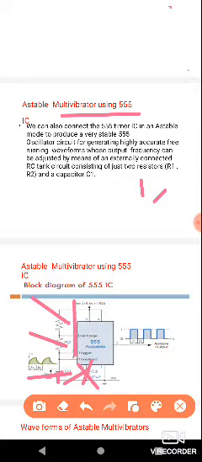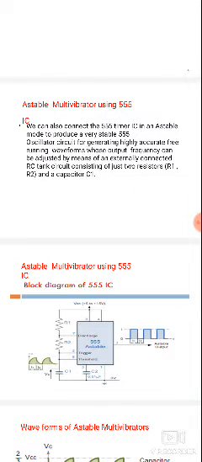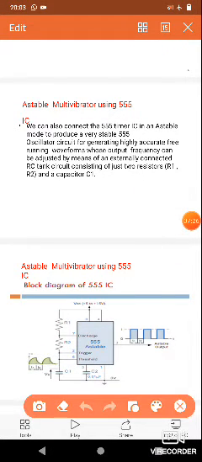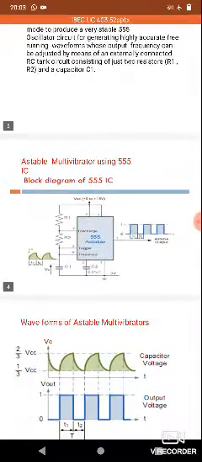These are the external components R1, R2 and C. R1 resistor, R2 resistor, and C1 is the capacitor. The two resistors and the capacitor work as an RC tank circuit. The output frequency can be adjusted by using these external components R1, R2 and C.